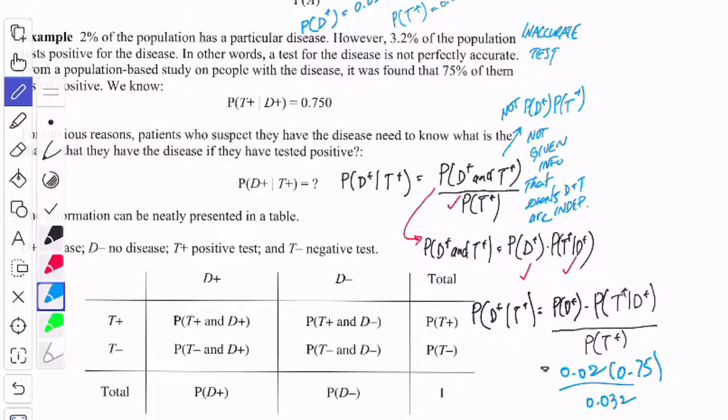When you put it all together, what do you get? It equals 0.46875. It's about 50%.